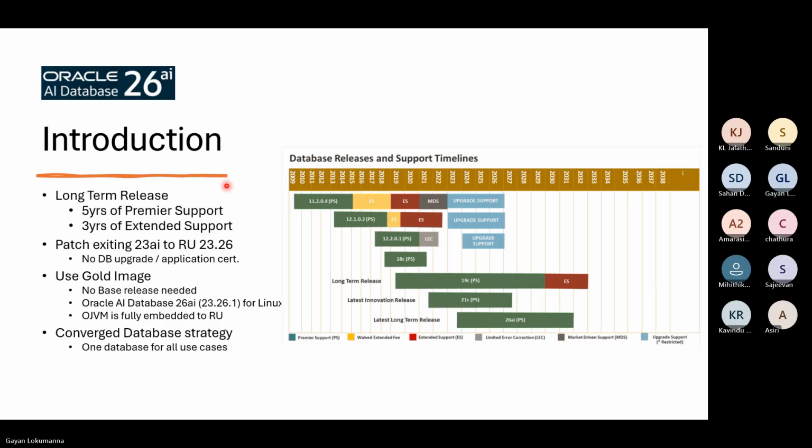When it comes to a long-term release of a database, generally you will have 5 years of Premier Support. Right, so error corrections, bug fixes, everything will be there within that Premier Support. From the day it was released, up to 5 years minimum, or it could be a bit more than that as well. But for now, we will understand that as 5 years of Premier Support.